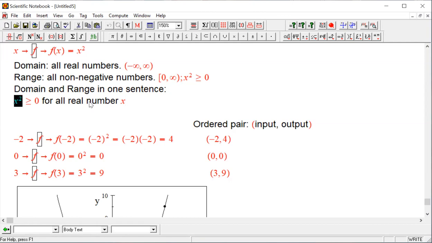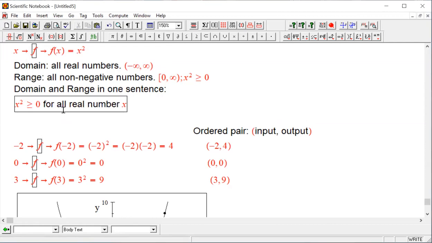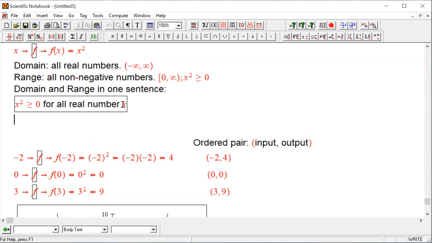So this is the domain and range together. Here we addressed all real numbers, which is the domain, and the range is at least 0. I'm asking you guys to pay attention to these alternative notations. They're going to be very, very useful for you. When we use them, you should not be surprised.